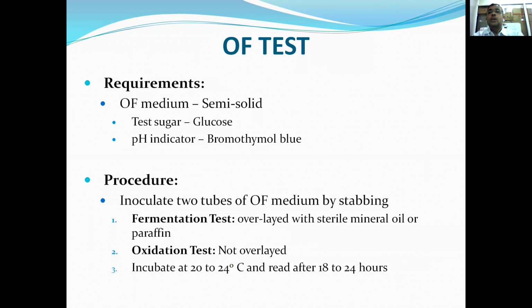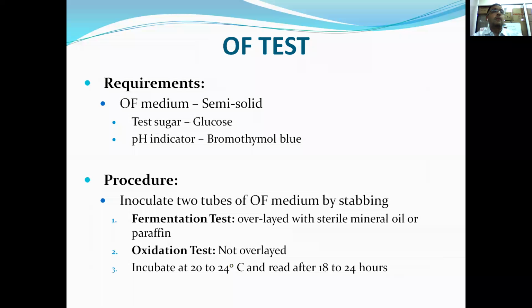After cooling, you have to inoculate your test bacteria, and one tube that is marked as a fermentation test must be sealed with sterile mineral oil or paraffin or some suitable alternative. It must be sealed so that there is no presence of oxygen and we can observe whether fermentation occurs or not.